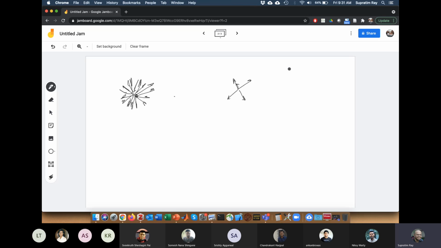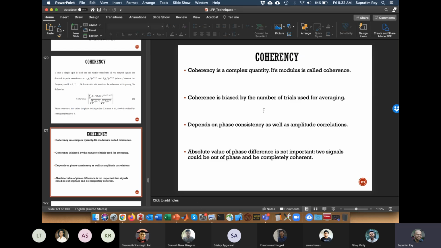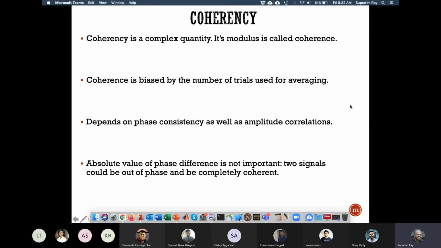In fact, it turns out that the bias has a form of 1 by root n, where n is the number of trials, which means that even if the true phases are independent, the phase coherence value is going to be like 1 by root n. Only when the number of trials is large is this number going to be very small. So it's biased by the number of trials used for averaging. We will do a question later on where we'll try to prove why it has this form of 1 by root n.